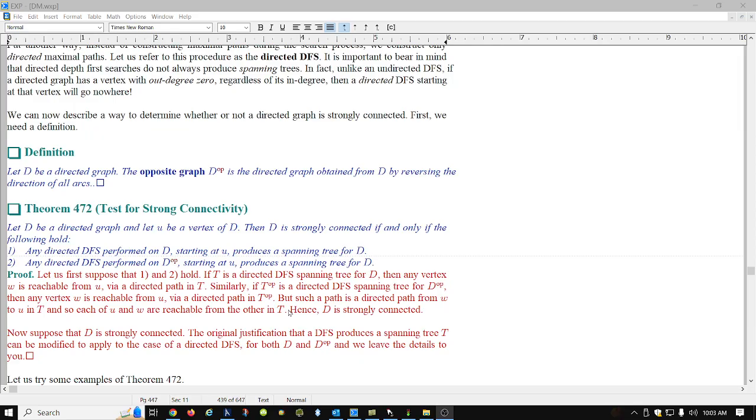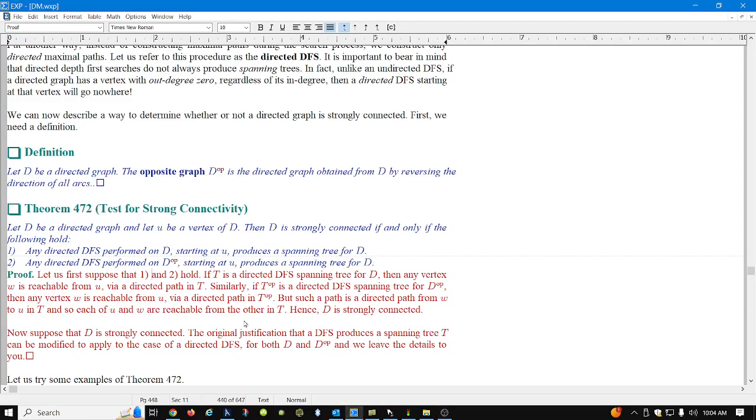Also, the same thing must hold for the opposite graph. Any directed depth first search performed on D op starting at U also produces a spanning tree, so it reaches all vertices. And I think if you ponder this for a moment, it would seem to make sense, but we do need a proof.